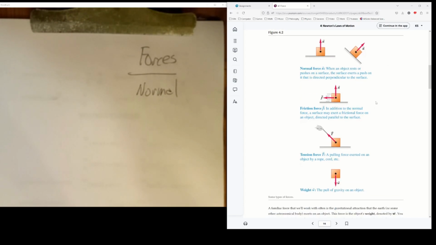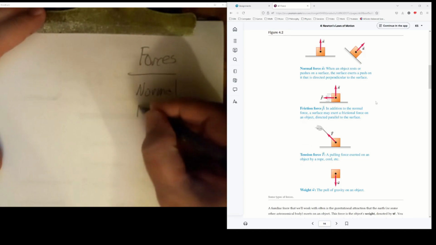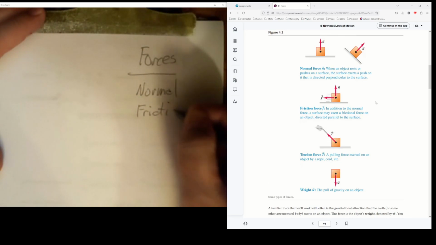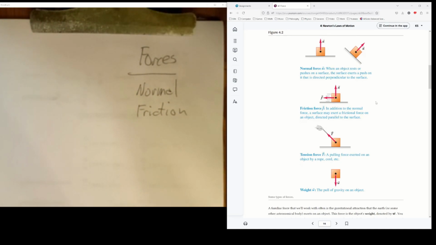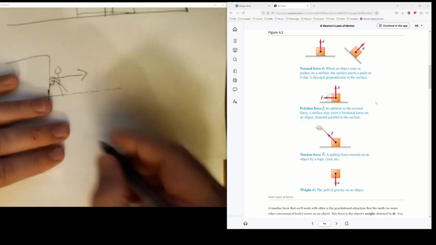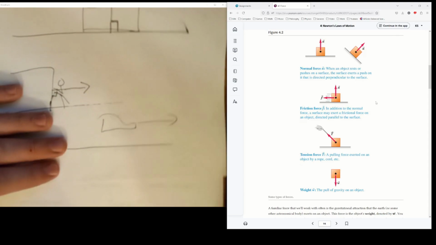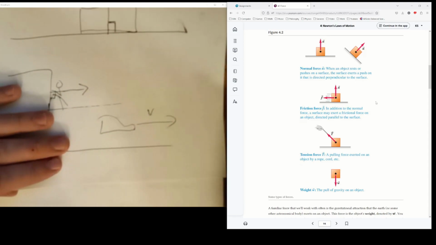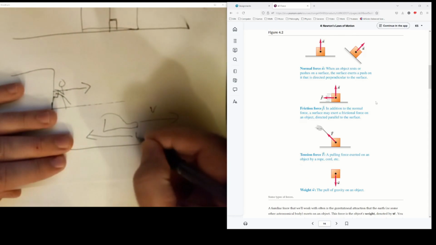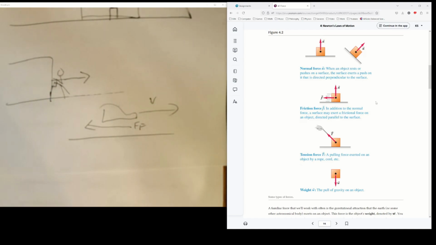The next one they have listed here is friction, another force we'll be dealing with. And friction always opposes motion. So, if a plane is flying to the right, and that's its velocity, then the force of friction is pointing to the left. Force of friction always opposes motion.